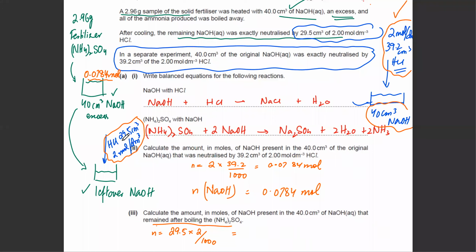What do you get for this? 0.049 moles. So the leftover NaOH is going to be exactly the same, 0.049 moles, because NaOH and HCl react in the same ratio. So now you've got 2 moles.